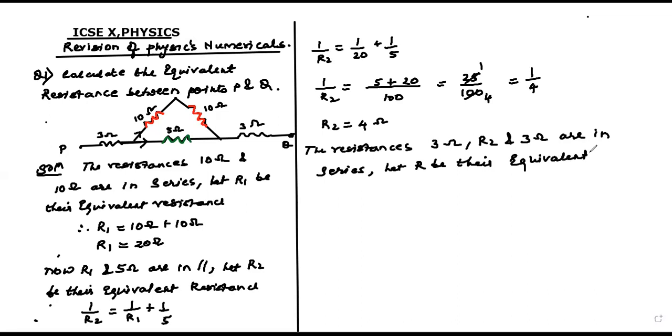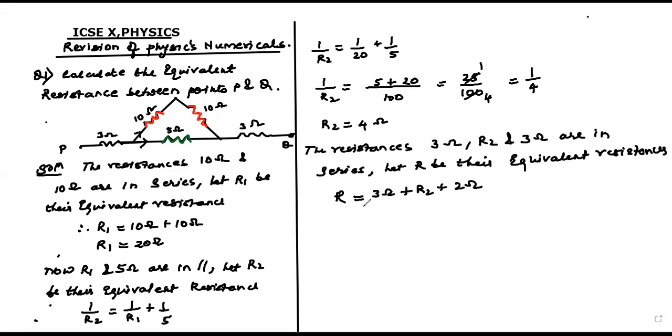So what is R equal to? The resistances which are in series, you just add them. So R equals 3 ohm plus R2 plus 3 ohm.